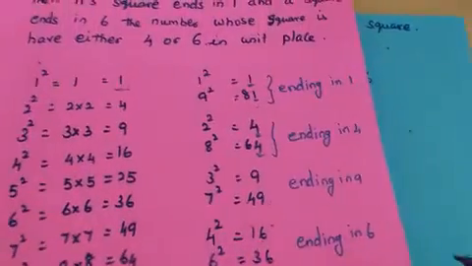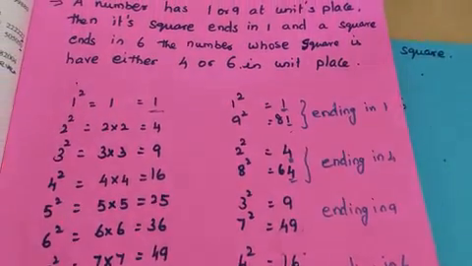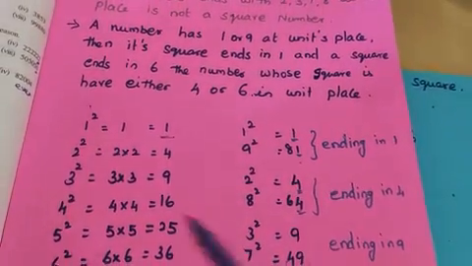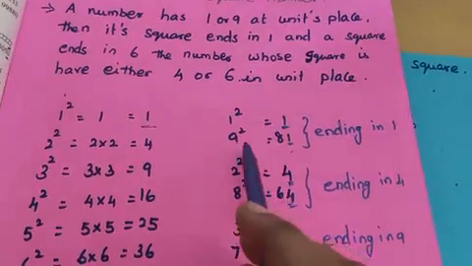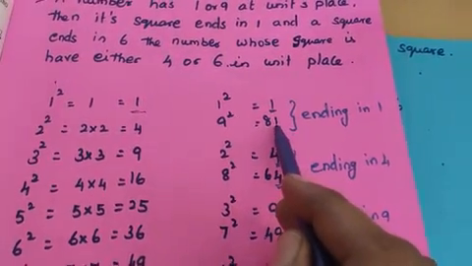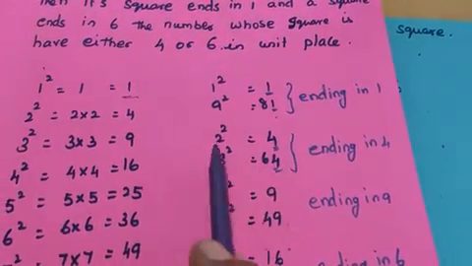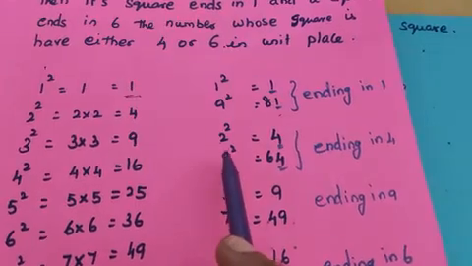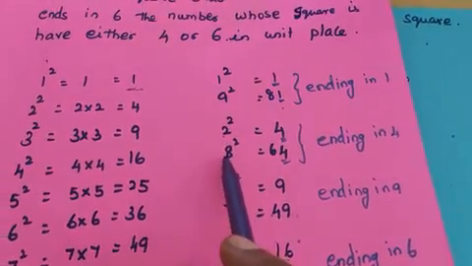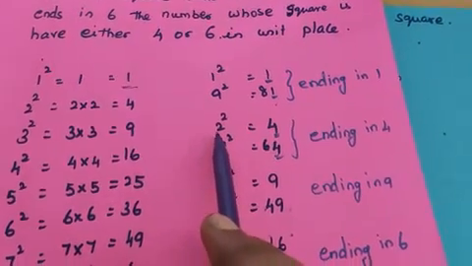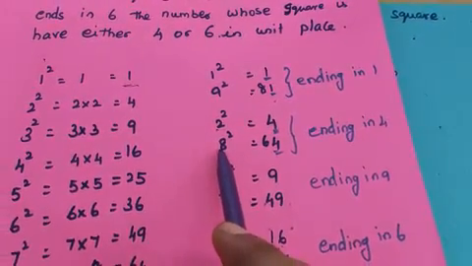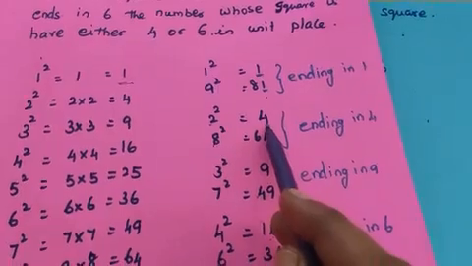So using this combination of numbers we can easily solve. Whichever the unit place is 1, if the given number's unit place is 1, the square will end with 1 only. Suppose the unit place is 2 or 8, then the square will end with 4.